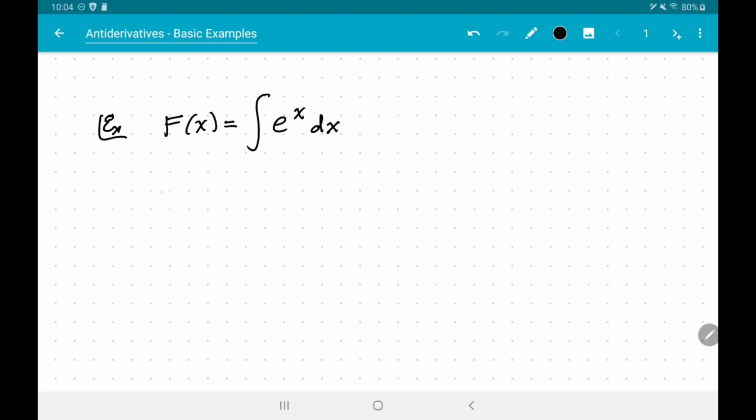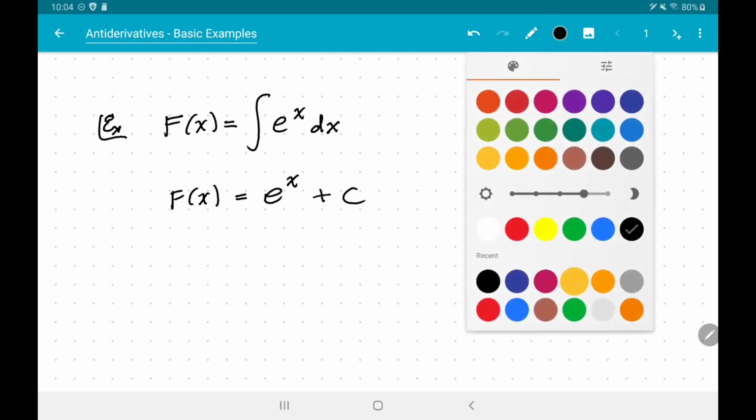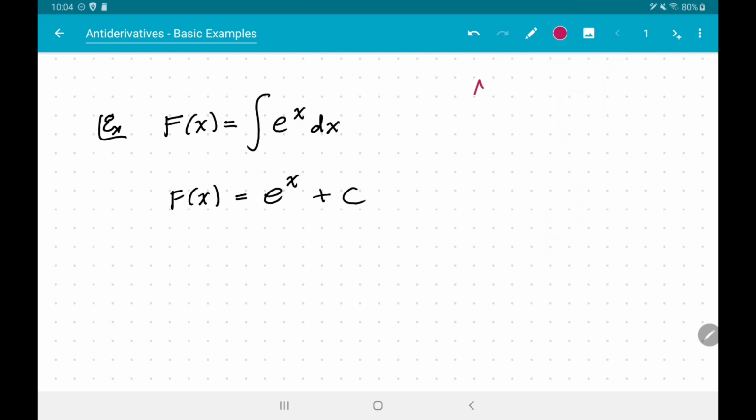Well, remember, e to the x is the amazing indestructible function. The derivative of e to the x is e to the x. That means the antiderivative of e to the x is also e to the x, except that we should put in a plus c. So there you go. That's the basic antiderivative involving e to the x.